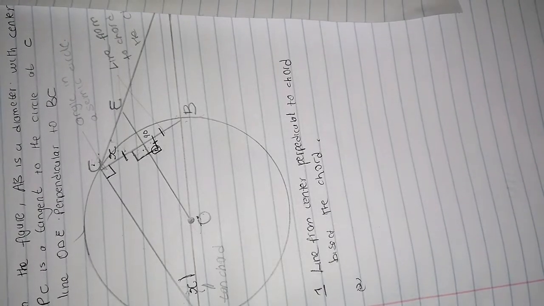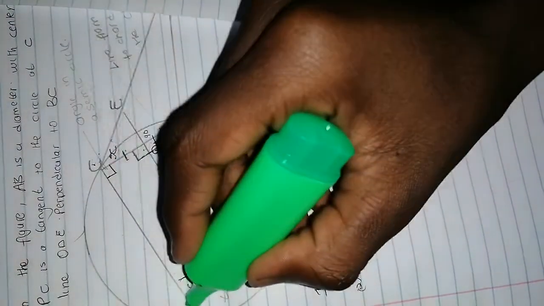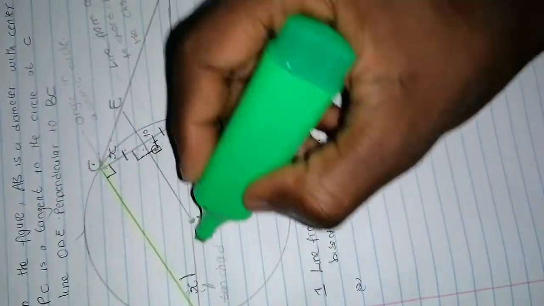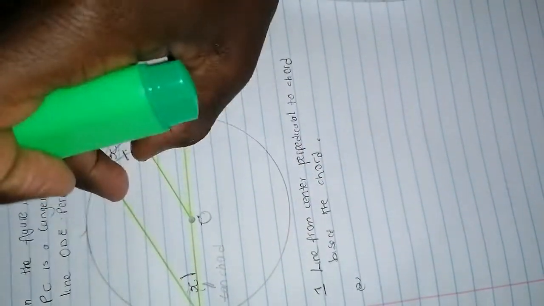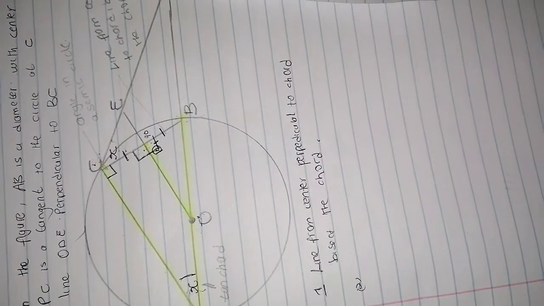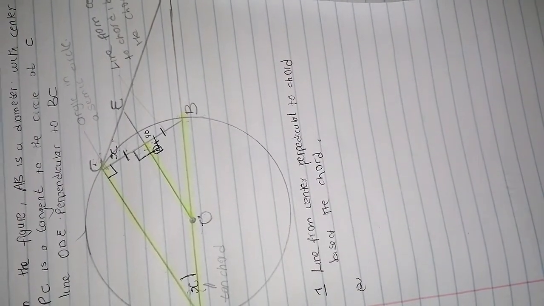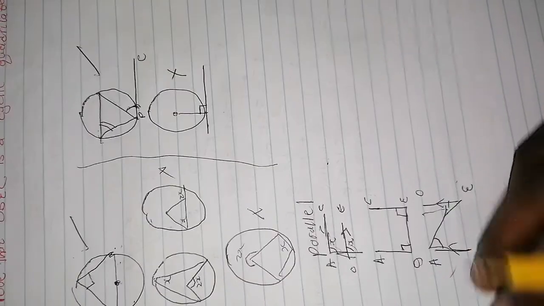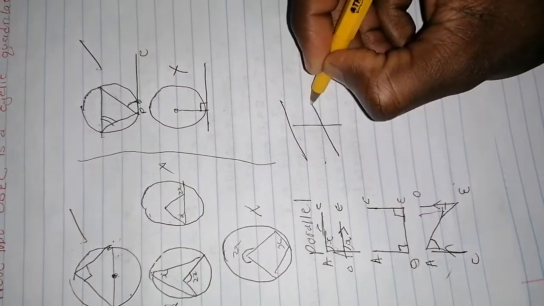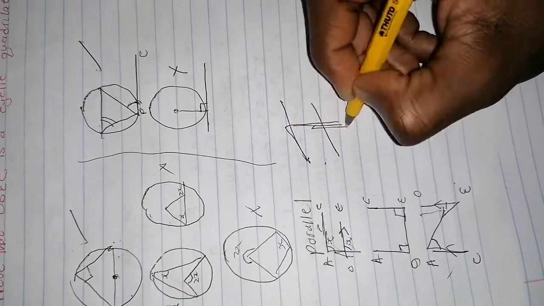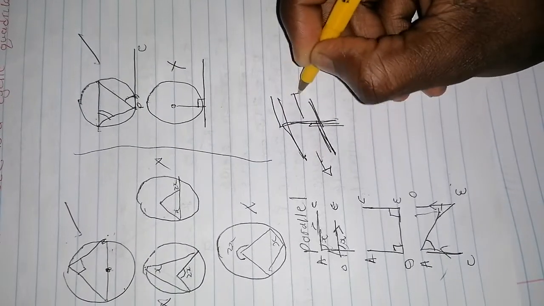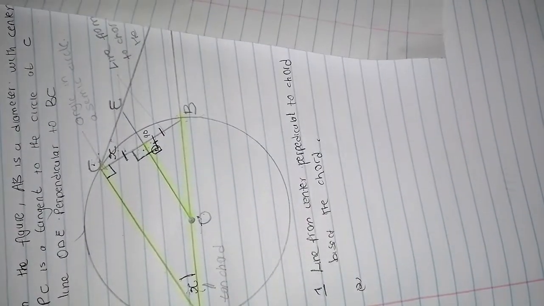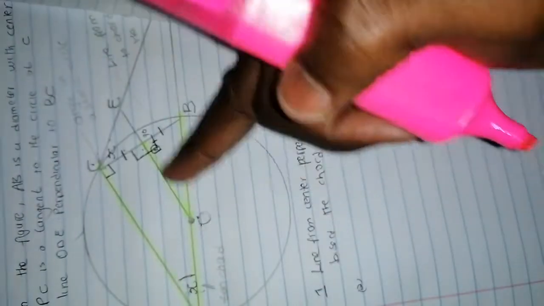You can draw it like the letter F. The first F faces in that direction, and the second F faces in that direction.